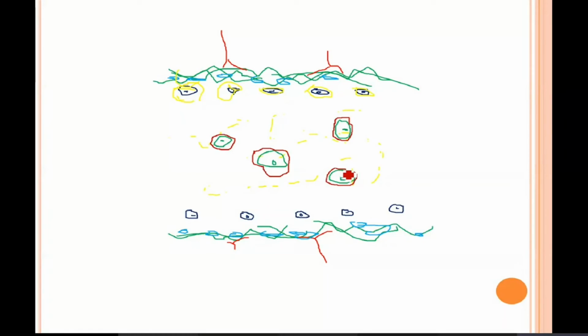These cavities are called lacunae, right? They are empty spaces that encapsulate each chondrocyte cell.